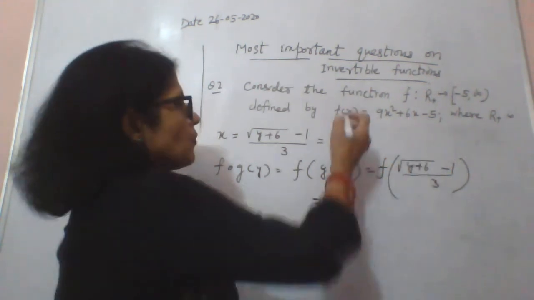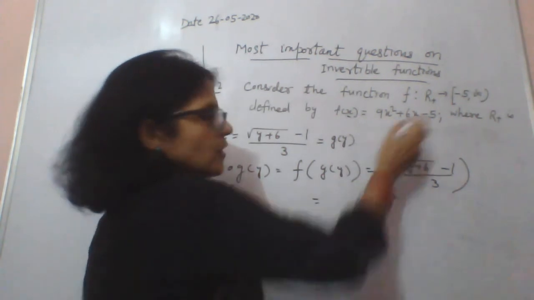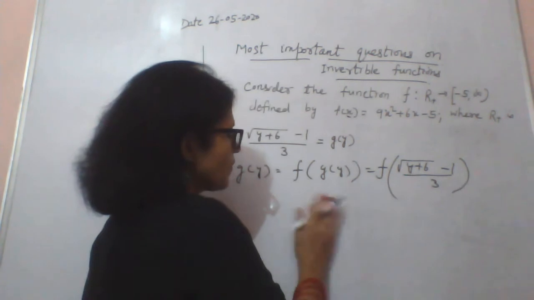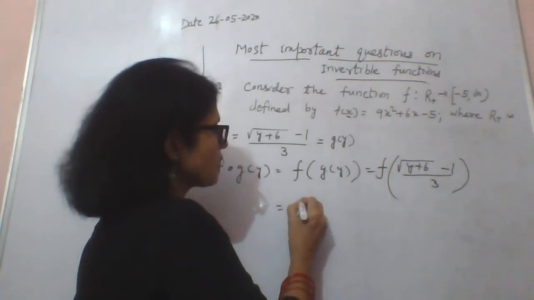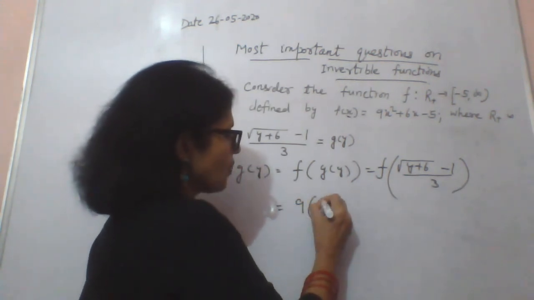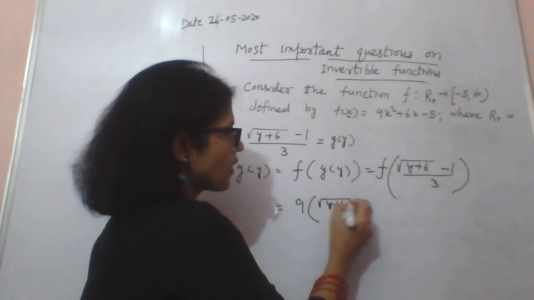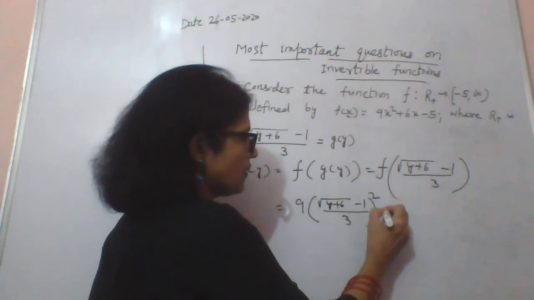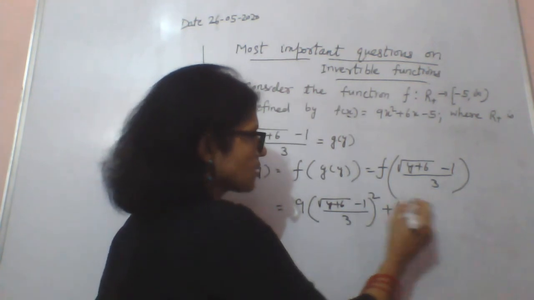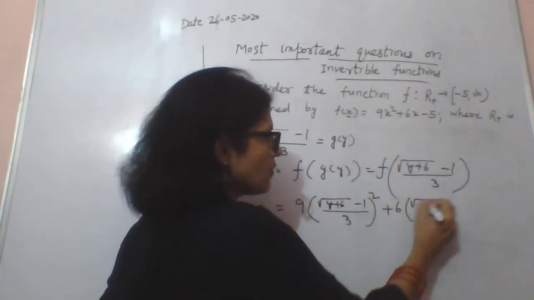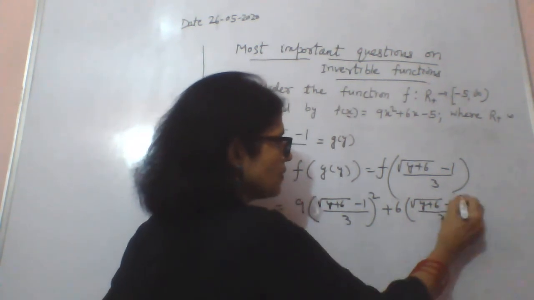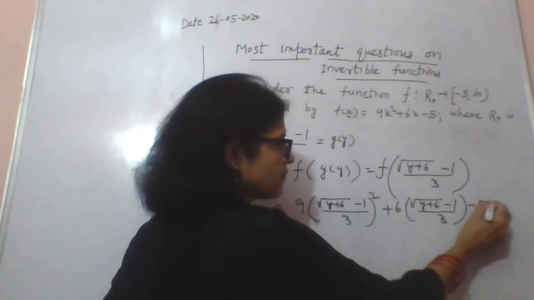So whatever you put here, x will be replaced by that. You are putting this thing here. It means it would be 9 into ((under root (y + 6) − 1) by 3) whole square + 6 times (under root (y + 6) − 1) by 3 − 5.